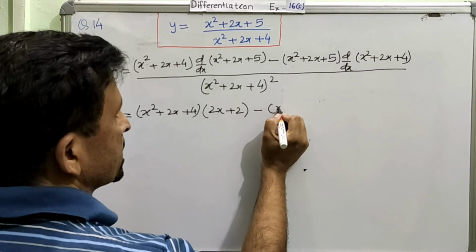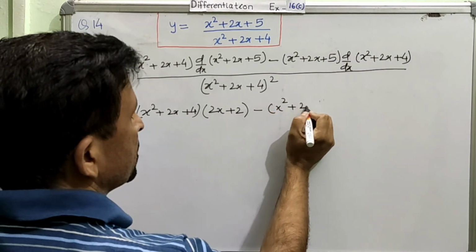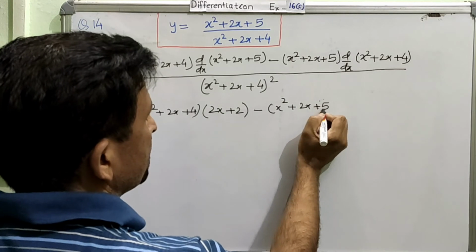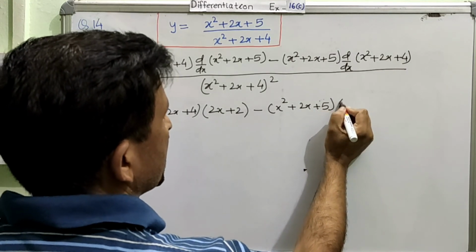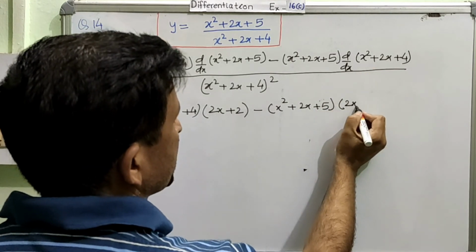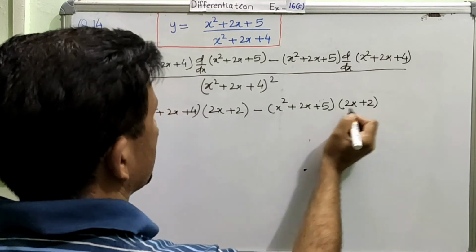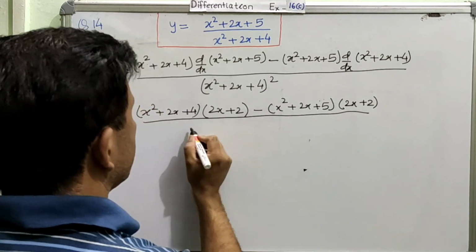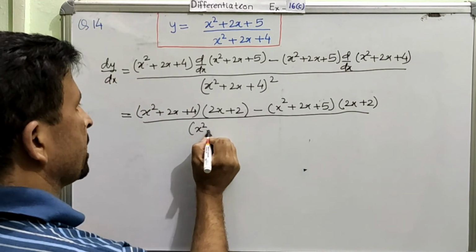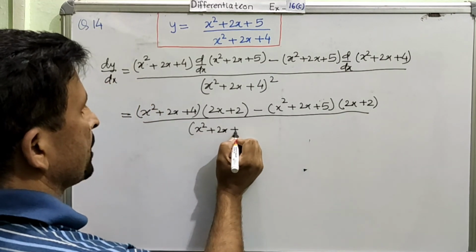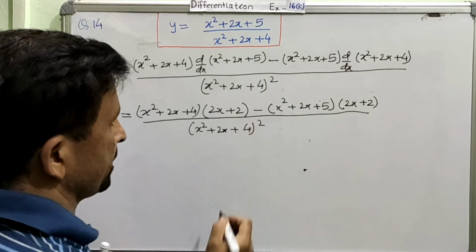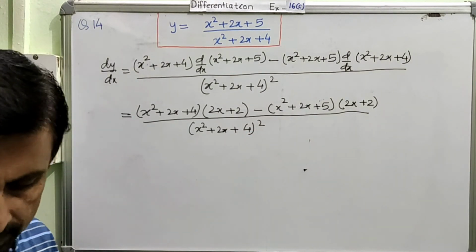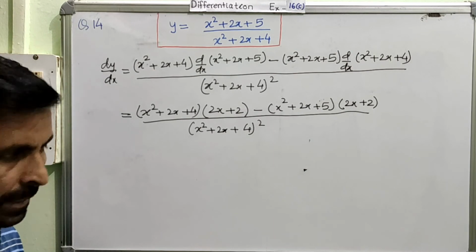Minus x square plus 2x plus 5, and then the derivative of this is 2x plus 2, divided by x square plus 2x plus 4 whole square. So, is it getting clear?